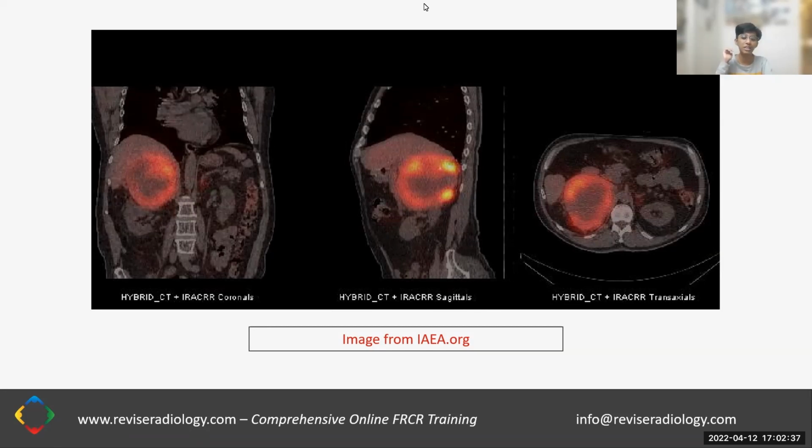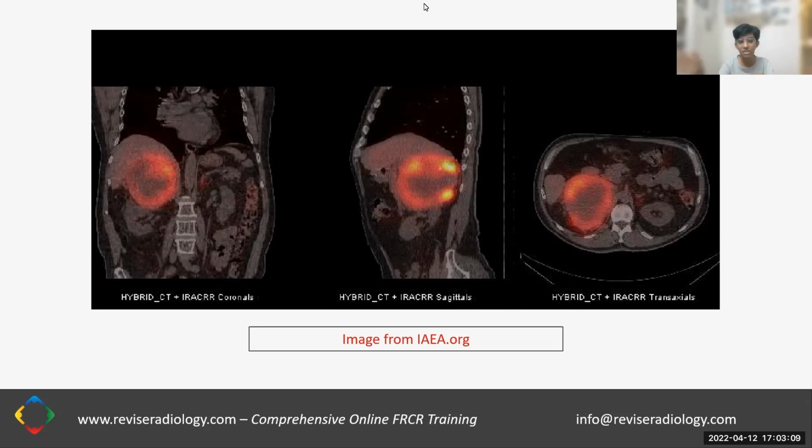If you look at these images on the screen here, which I've taken from iaea.org, you can see that these images have both functional information as well as anatomical information. The functional information is based on the way that the radionuclide is interacting with the patient's body, the different processes and distribution mechanisms, as well as the physical aspects of the radiation which comes from the radionuclide.